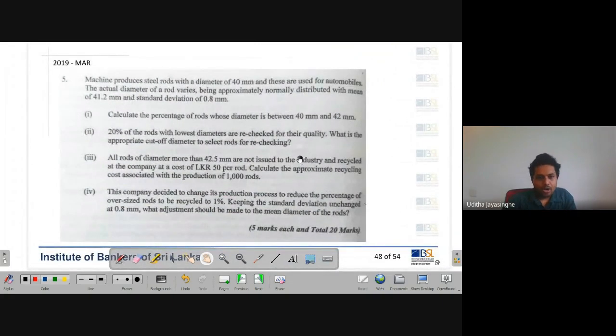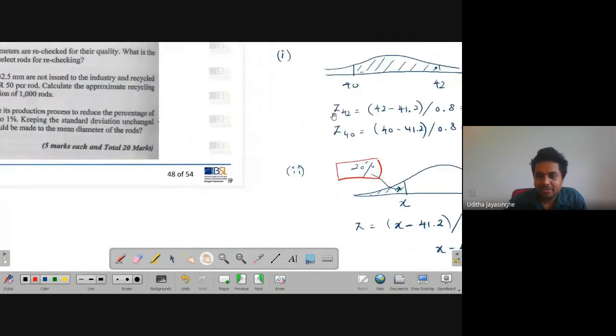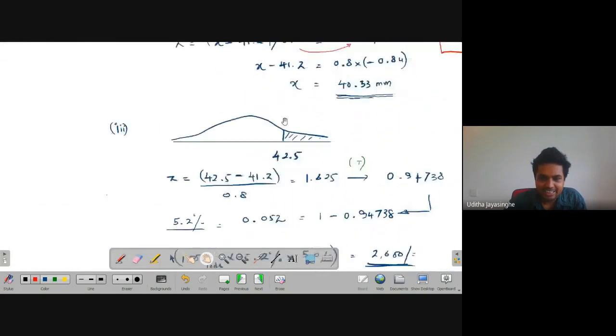Third part. All rods of diameter more than 42.5 millimeter are not issued to the industry and recycled at the company at a cost of 50 per rod. Calculate the approximate recycling cost associated with producing 1000 rods. All I know is, all the time, I put things in a diagram.